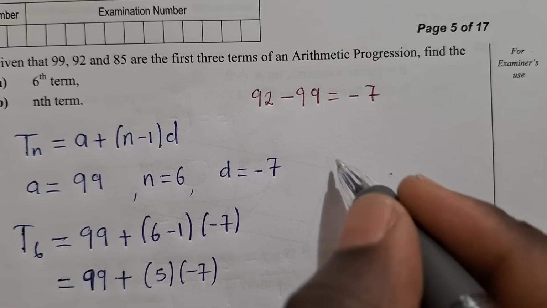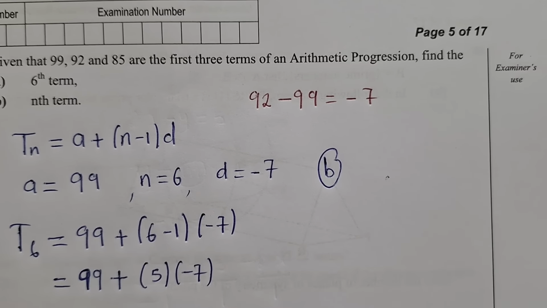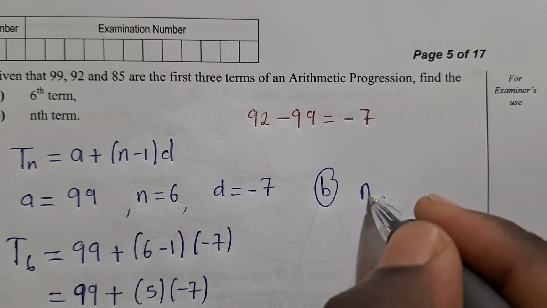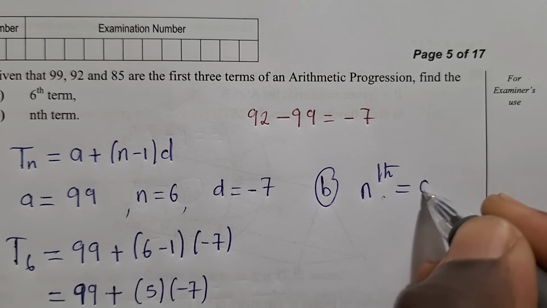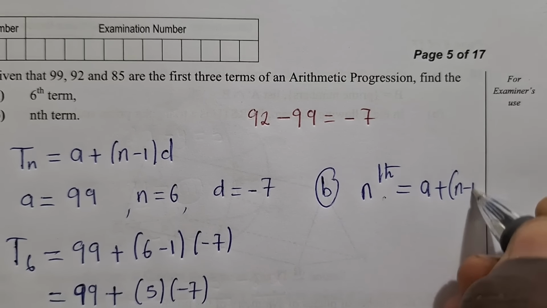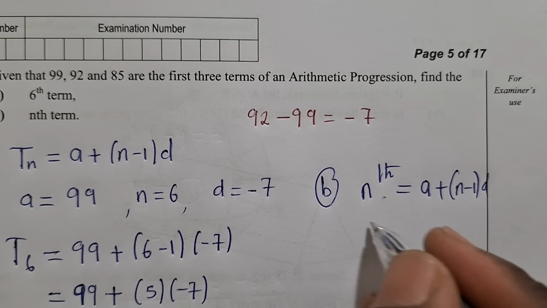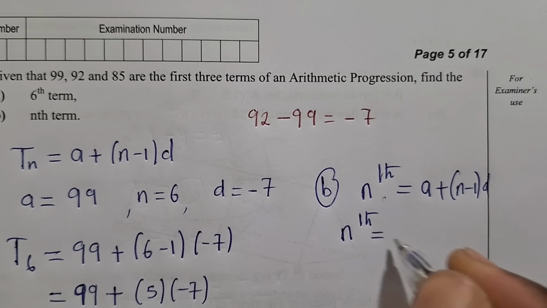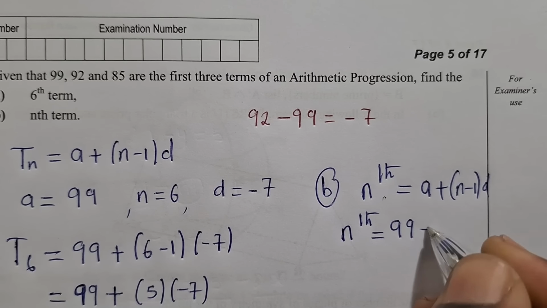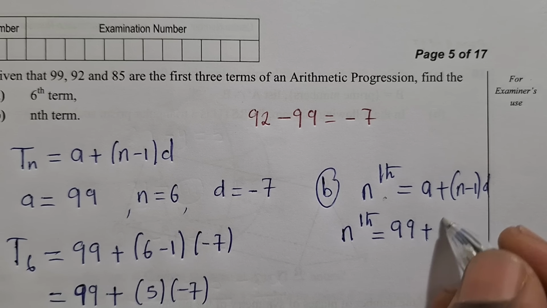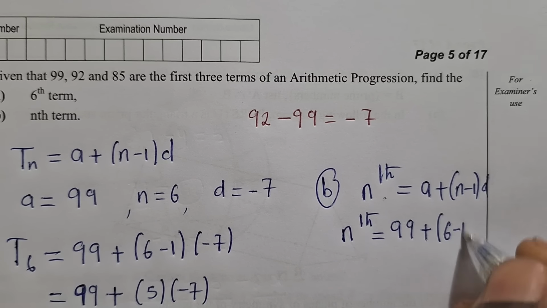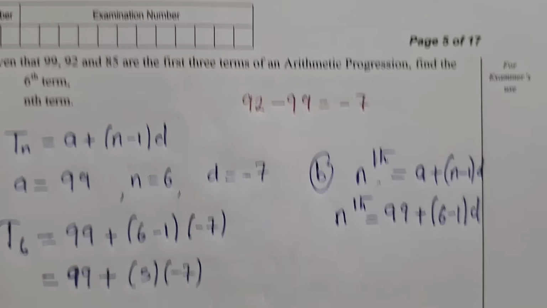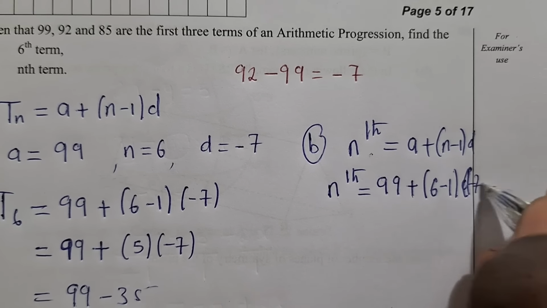For question B, for the nth term, we're going to say a plus n minus 1 and the d there. So we shall say Tn is equal to 99 plus n minus 1 and the d there, actually the d is a negative 7.